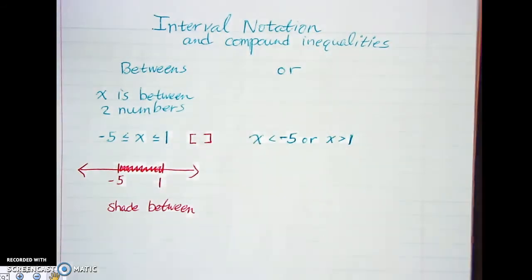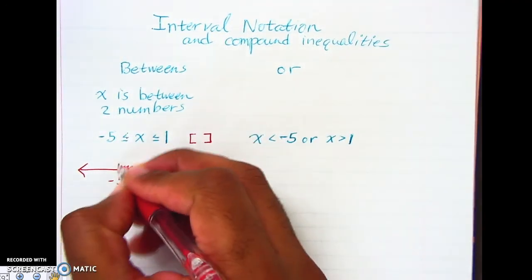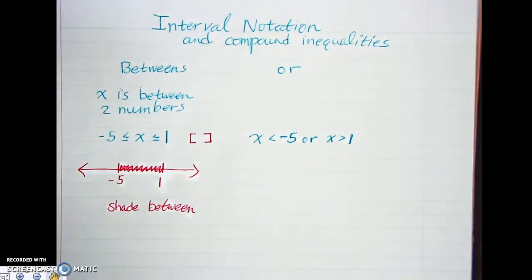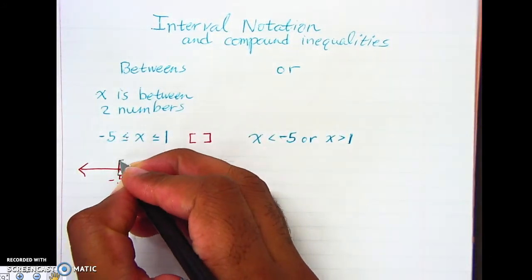Now, each time, it has to cup around the shaded region. They can't hit the back of the actual parenthesis or back of the bracket. The bracket and parenthesis must cup around the shaded area. So that means here, we know it's a bracket on this side, and it must cup around the shaded area. So our bracket should cup around like this on this side.